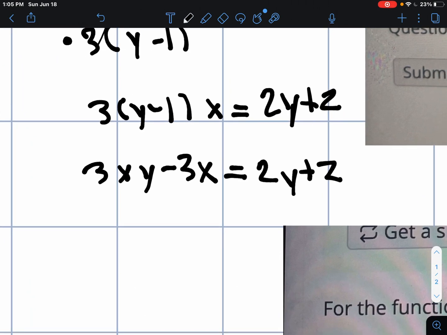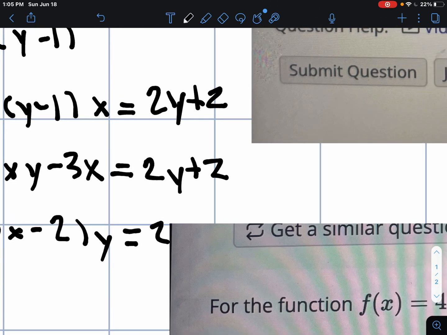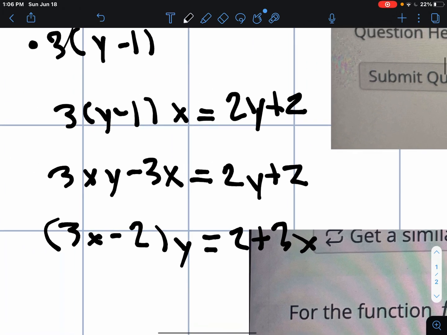Now here is where we factor out the y. So we go ahead, 3x minus 2, factor out the y, equals 2 plus 3x, because we're going to move that to the other side.